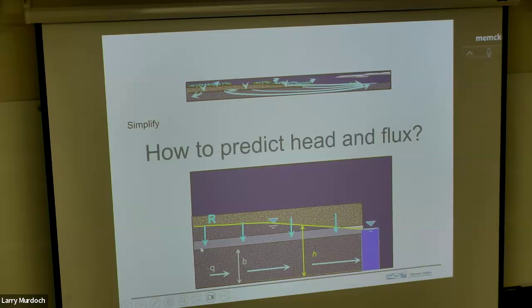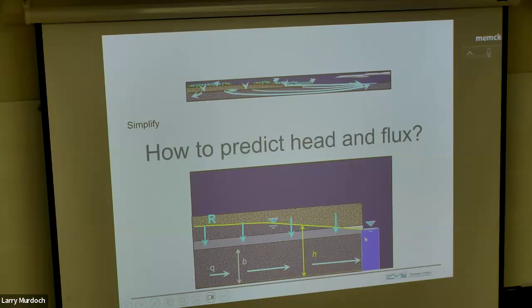Okay, so this is the conceptual model. That's what we typically call it. It's showing the essential aspects of the problem, and that includes recharge coming in, and we'll assume that the recharge is just uniformly distributed. And then there was a stream over here, and the stream is cutting all the way through the aquifer.